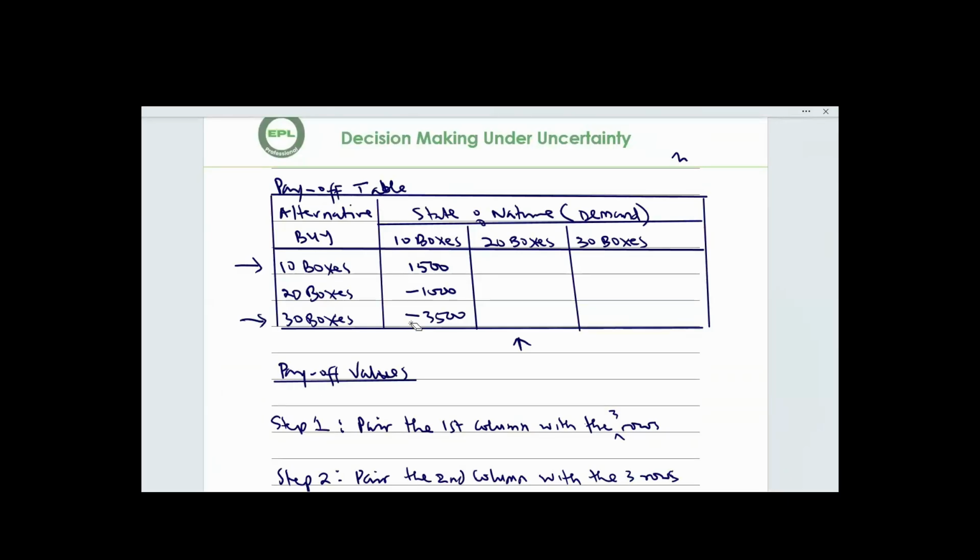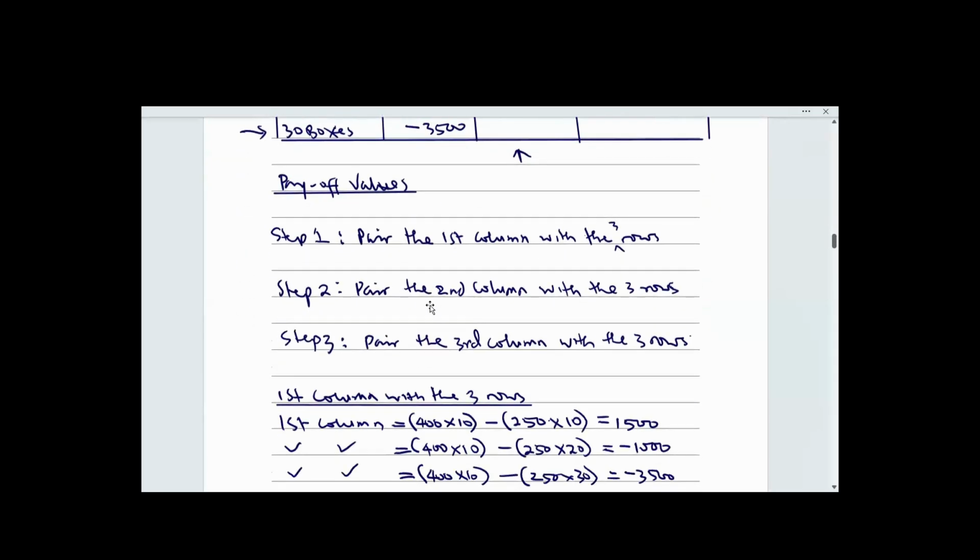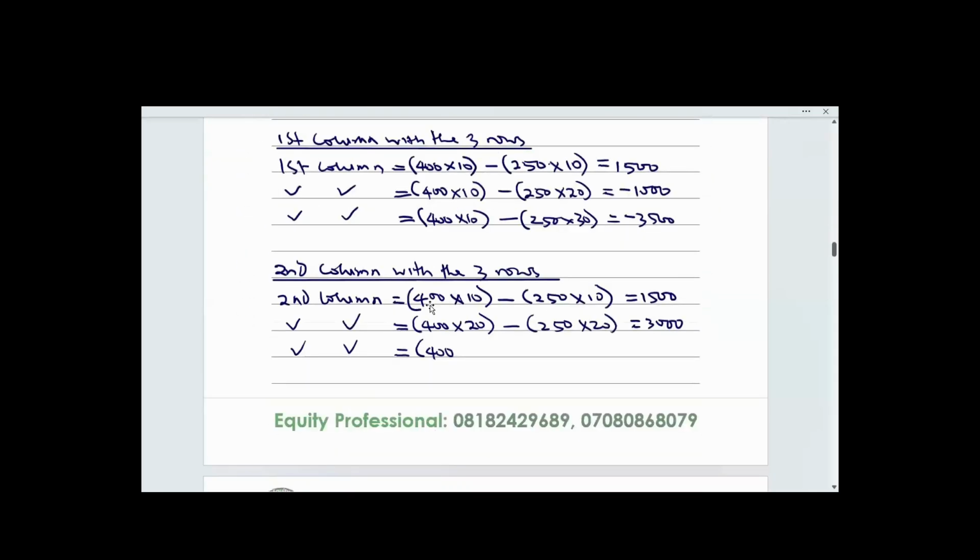Therefore, the extra 10 boxes of apple that is unsold will be lost. So you are going to restrict this one to 20 because customers are only demanding for 20, minus 250. You have incurred costs for 30 boxes. Therefore, 8,000 minus 7,500 will give us 500.